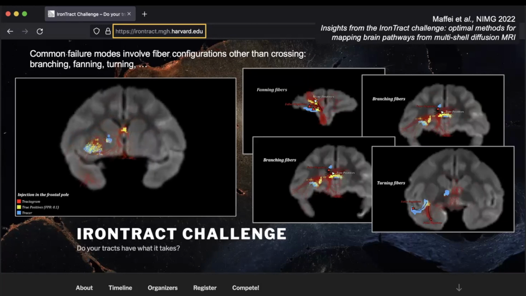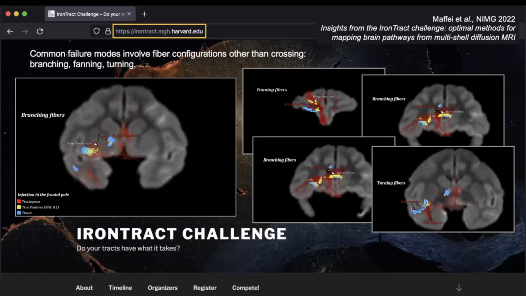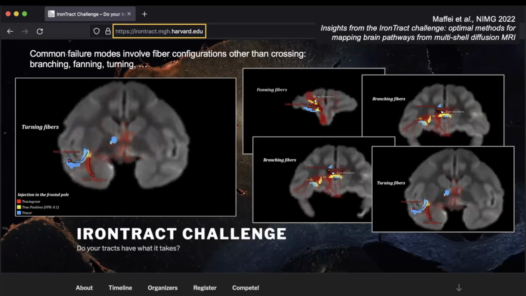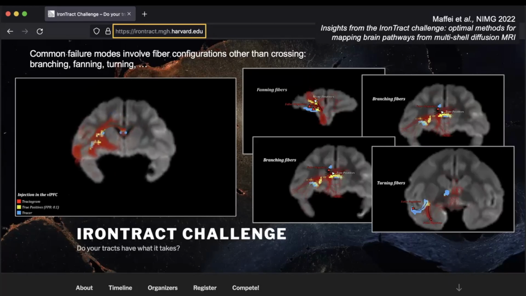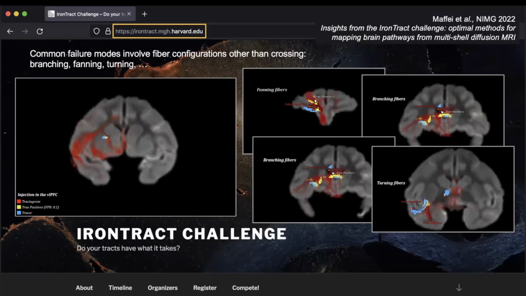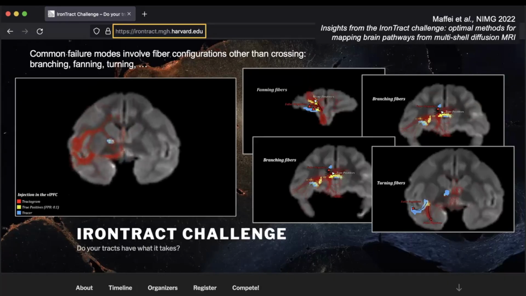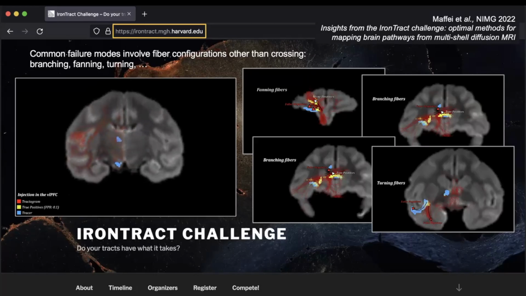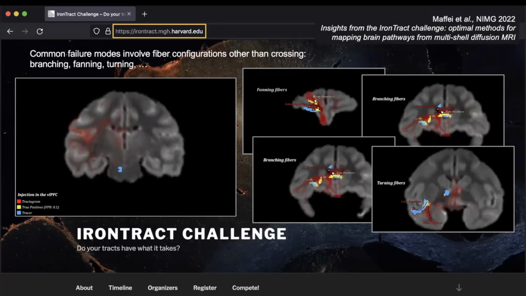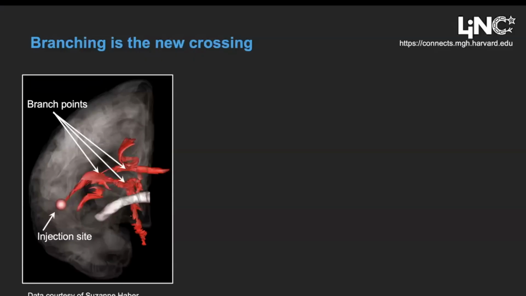And now there's everything else that makes tractography go wrong. So, fiber configurations other than crossing, such as branching, fanning, turning, etc., because all the crossing fiber models basically turn the fiber configurations in a voxel into a crossing. So this is just a few examples of how comparing the neuroimaging data to microscopy can give us insights that would be hard to gain elsewhere.